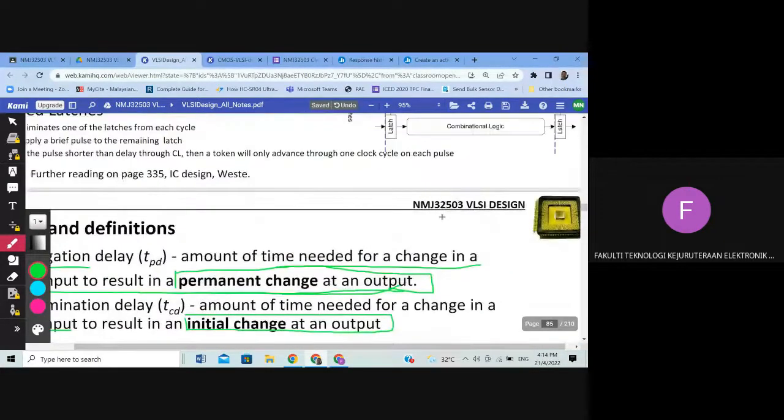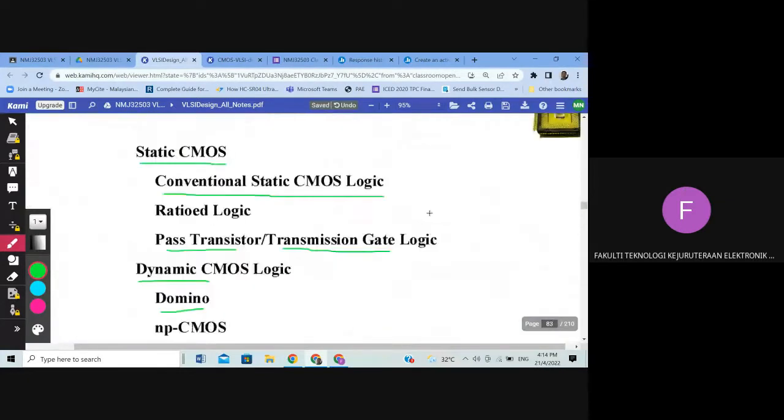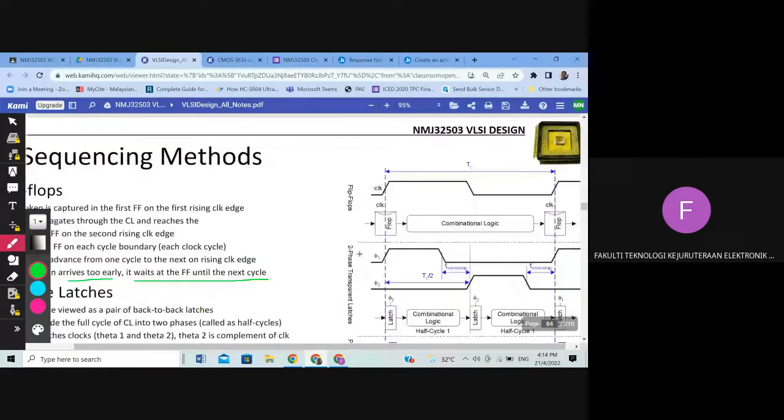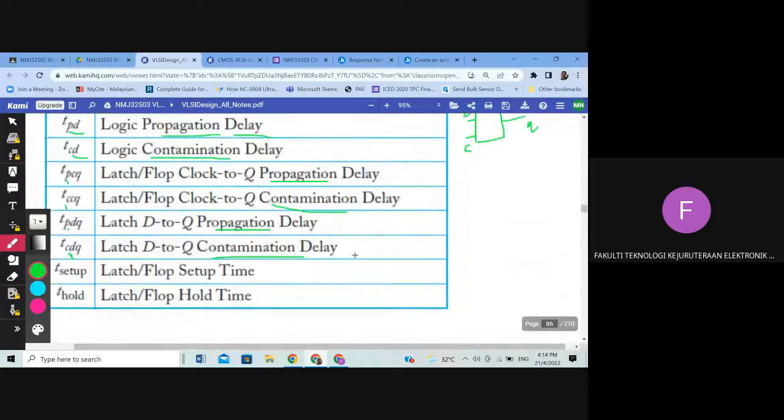You remember the diagram: C, Q, and D. So that's what it reflects. TPCQ, so C is clock, Q is output. So clock to Q, either latch or flop, depending on the diagram or the clock. So clock to Q propagation delay.